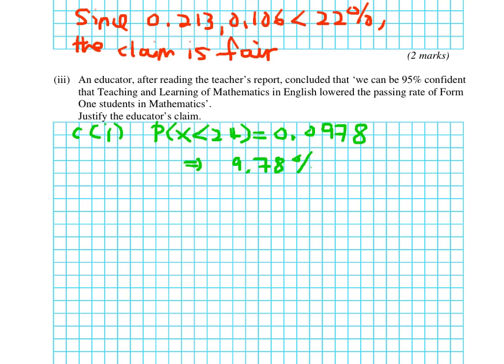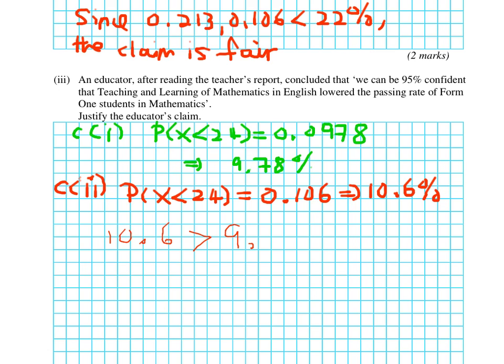We compare the maximum and minimum to see if there's a difference. For that, we look at part C2, where we calculated the percentage, it's right here. So the minimum fail rate is 0.106, that means 10.6%. If taught in Bahasa, this is the maximum fail rate, but if taught in English, this is the minimum fail rate. So we can compare that since 10.6 is greater than 9.78, the claim made by the educator is justified.